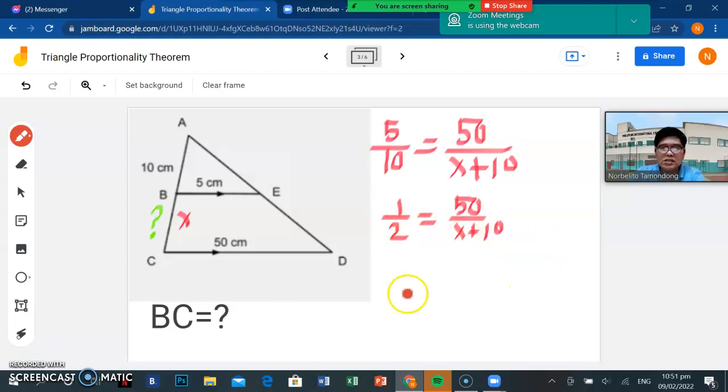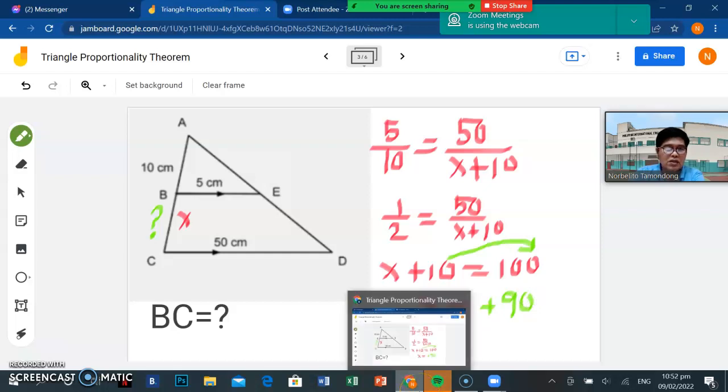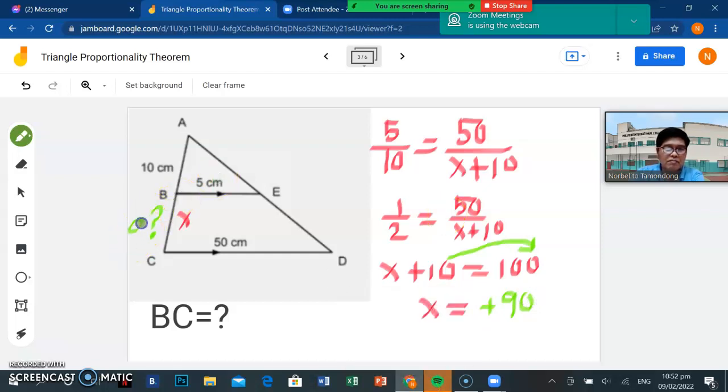The product of the extremes is x plus 10, which is now equal to 50 times 2 equal to 100. So x now is equal to 100 minus 10, which gives you positive 90. So x is equal to 90, or simply BC is equal to 90.